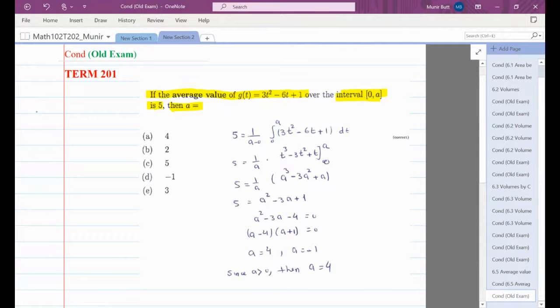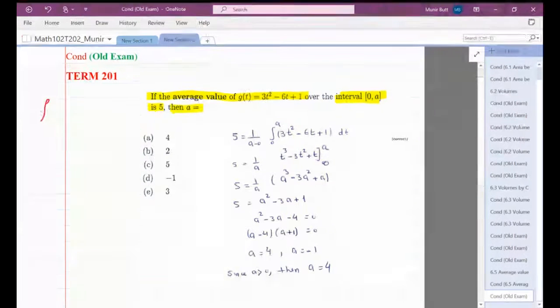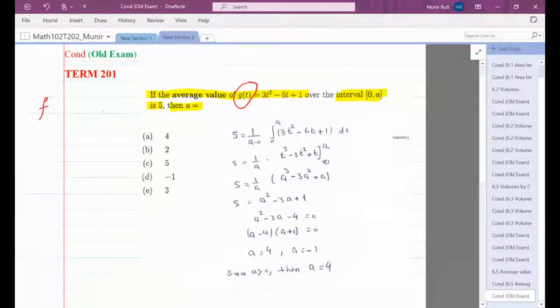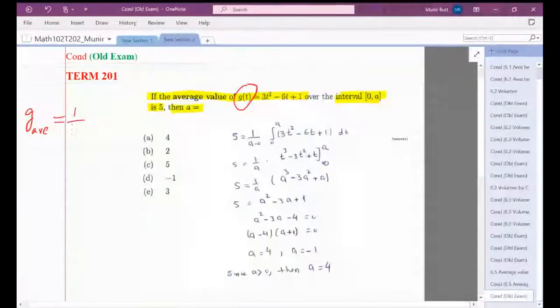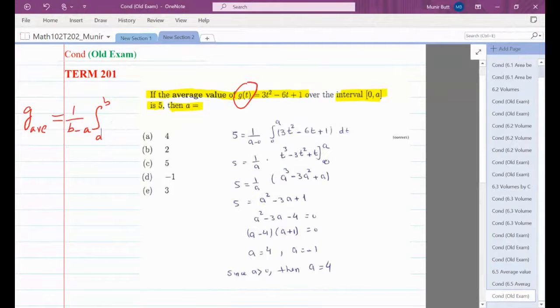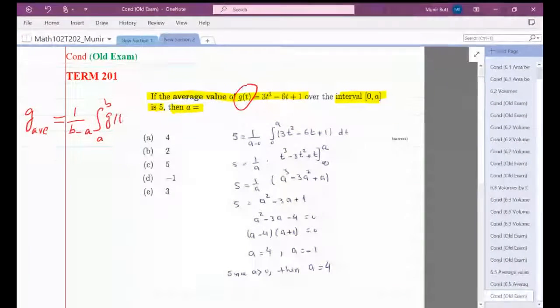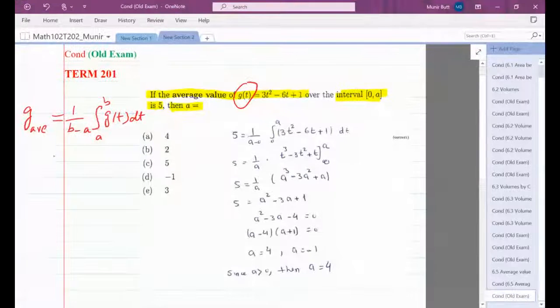So what was the formula? Let me write it: g average, the average value according to the formula, is 1 over b minus a, integral from a to b of g of t dt.